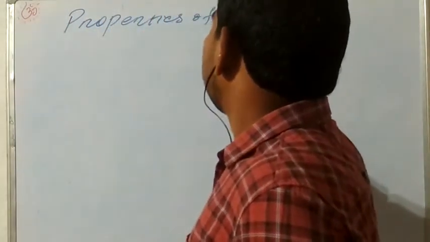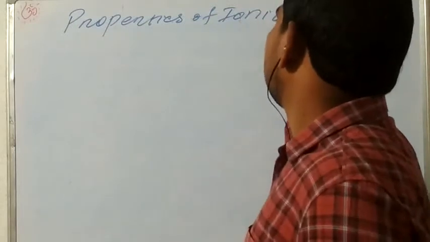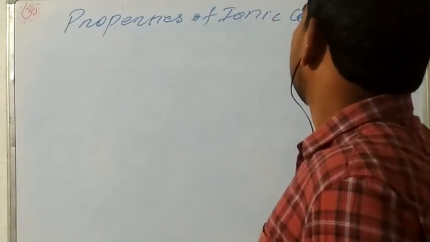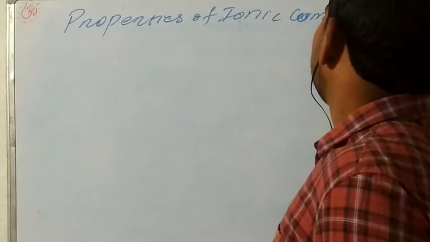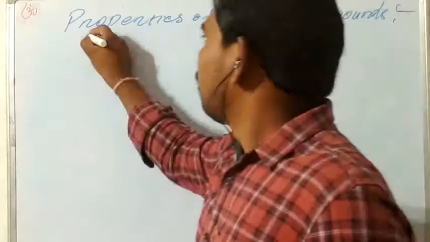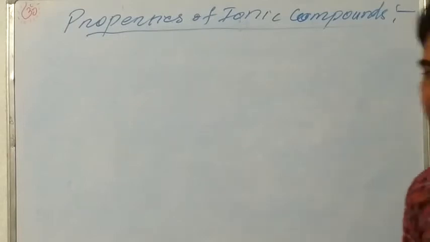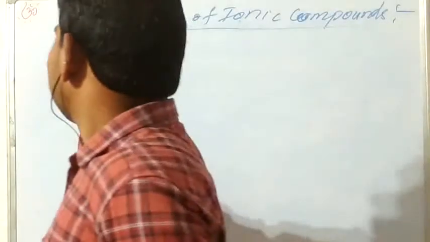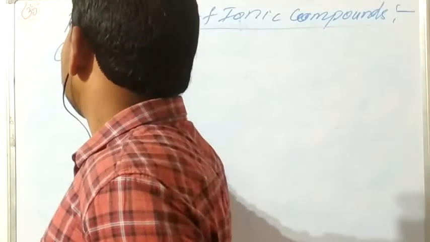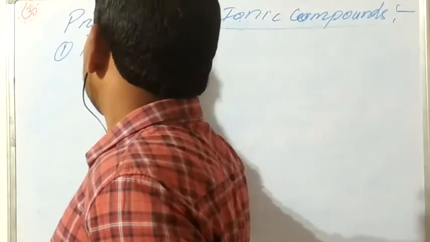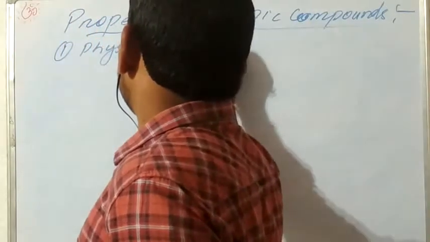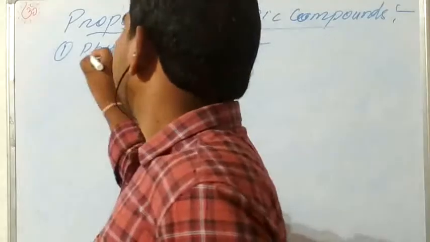Properties of ionic compounds. The first property is the physical nature. What is physical nature?